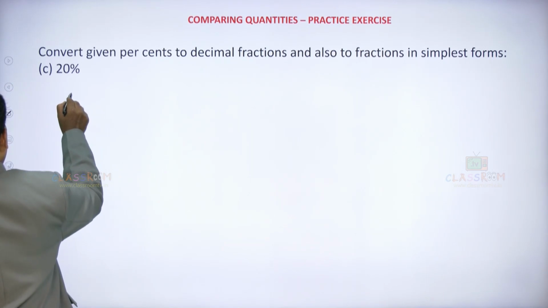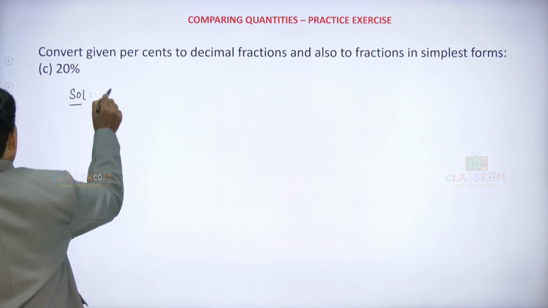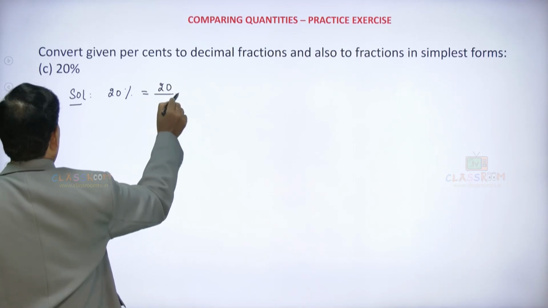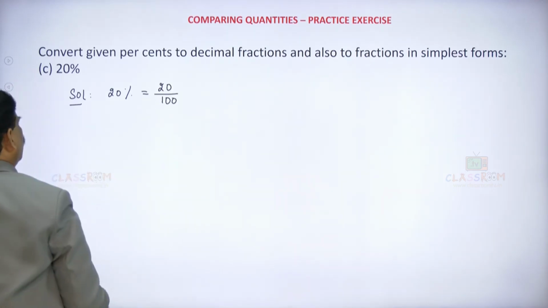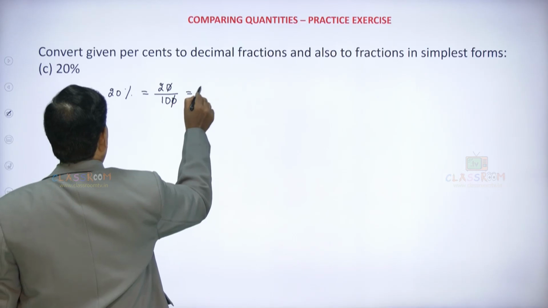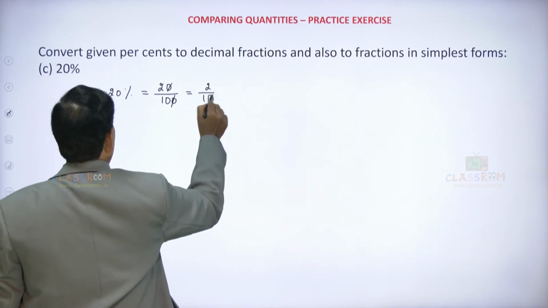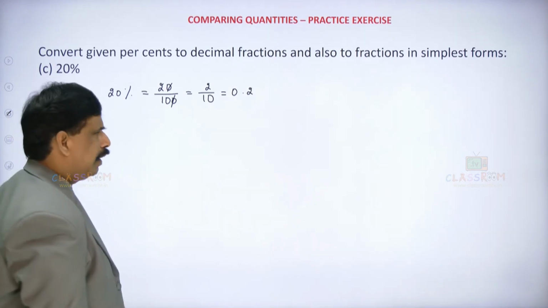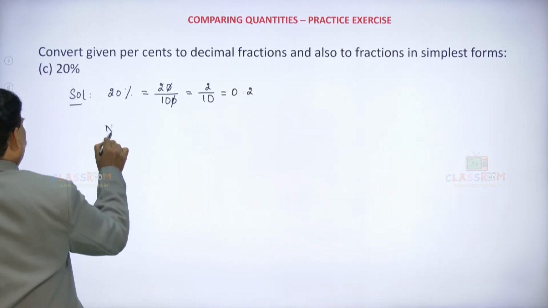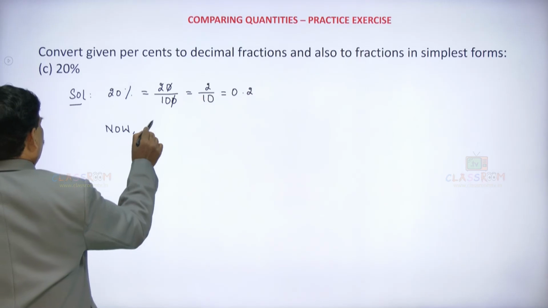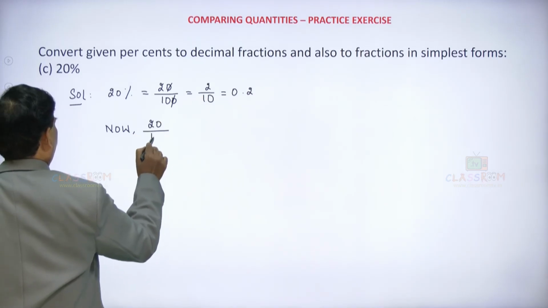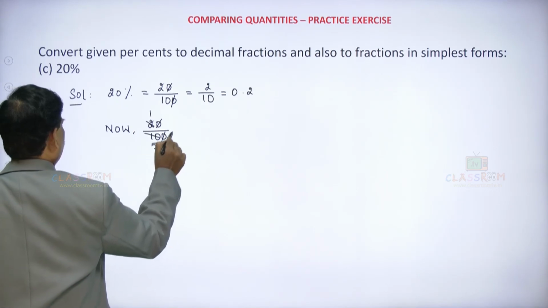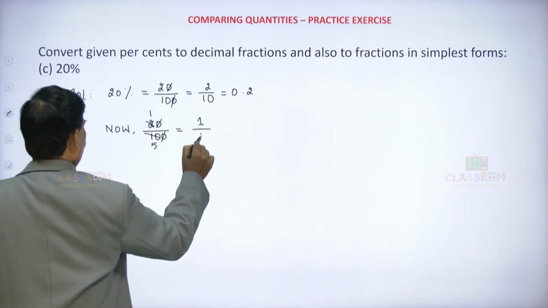20%. So 20% we can write it as 20 by 100. So 0 and 0 get cancelled. So it is 2 upon 10, which is 0.2, as we have only 1 zero in the denominator. So now take that 20 by 100, 0 0 get cancelled, 2 1s are 2, 2 5s are 10. So it is 1 upon 5.